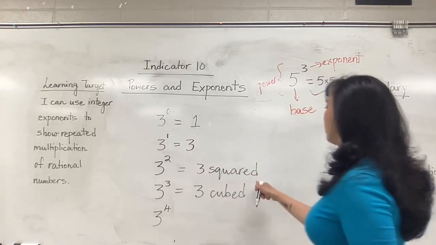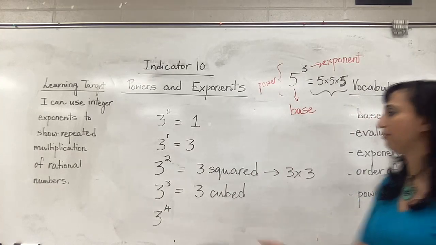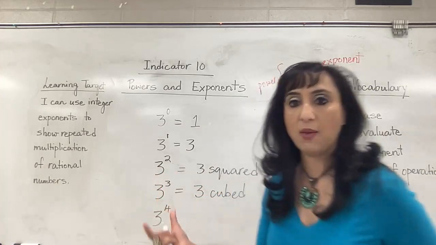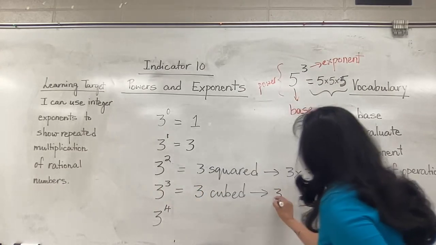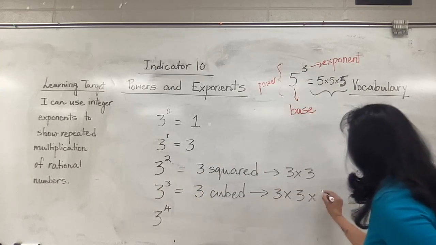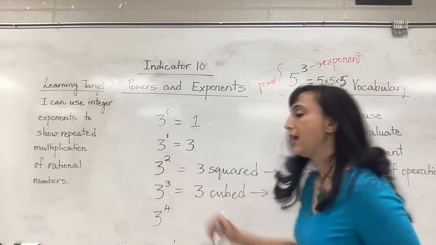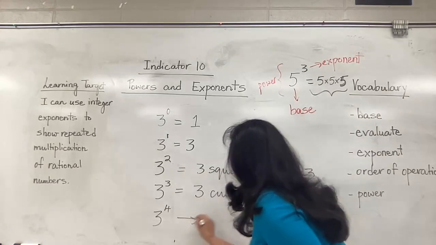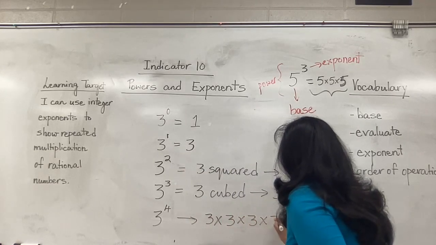This is 3. 3 squared means what? 3 times 3. Taking the factor and multiplying it how many times? And then you have 3 cubed, which is 3 times 3 times 3, because that's the exponent. And then we have 3 to the fourth power. This means 3 times 3 times 3 times 3.